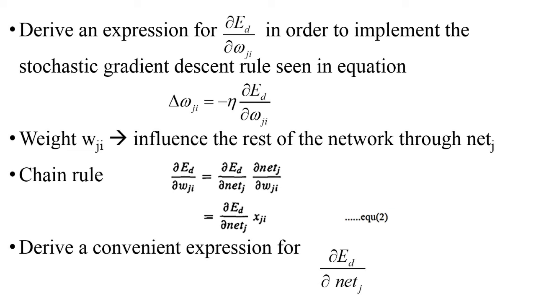To solve this, we will use the chain rule, that is, the derivative of E_d with respect to net_j multiplied by the derivative of net_j with respect to weight w_ji. Here, the derivative of net_j with respect to weight w_ji is nothing but x_ji, because x_ji into w_ji will give us net_j. Hence, the derivative of net_j with respect to w_ji is substituted as x_ji.